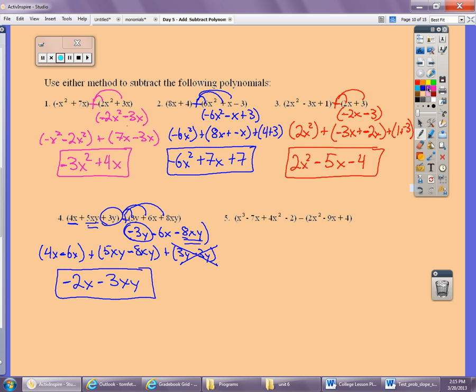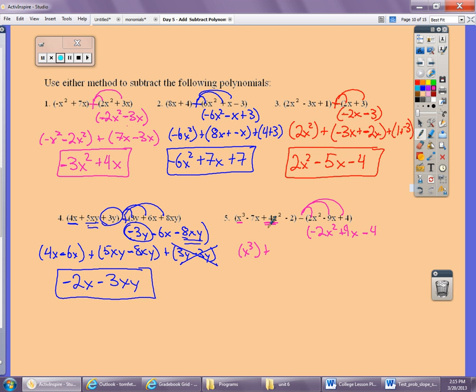And then the last one, gotta distribute first. So I get negative 2x squared plus 9x minus 4. So now I put all my like terms together. Well, I notice I have an x to the third, so I just start with that, x to the third.